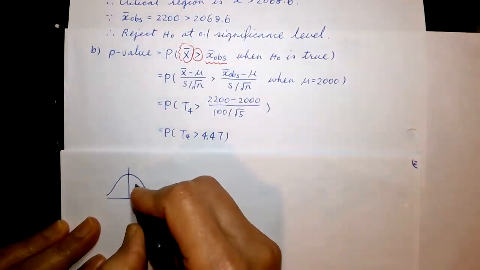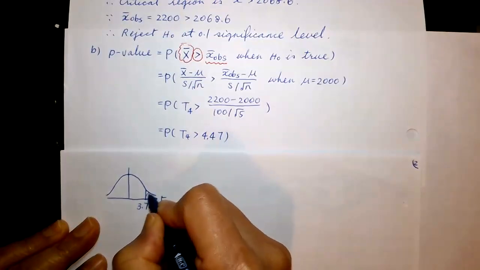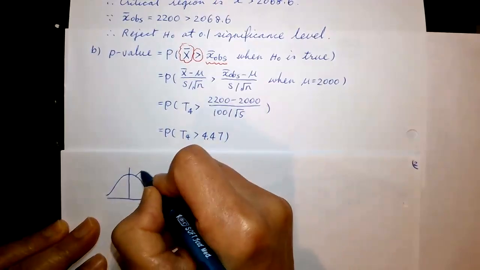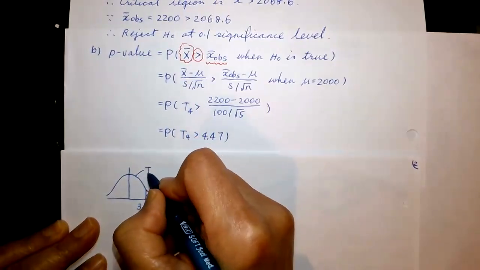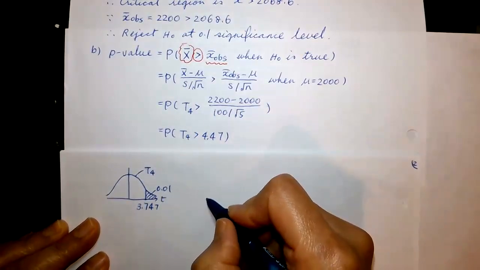To the left of our 4.47, we saw this 3.7 with a right tail probability, this. Okay, this curve is the t-distribution with 4 degrees of freedom.